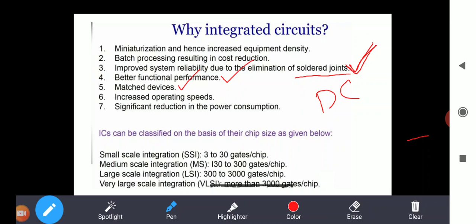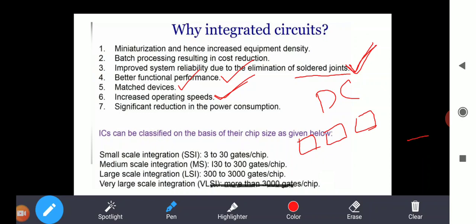Using IC technology, we can fabricate similar devices. Next, increased operating speed. Because of the identical devices and small size, operating speed also increases.